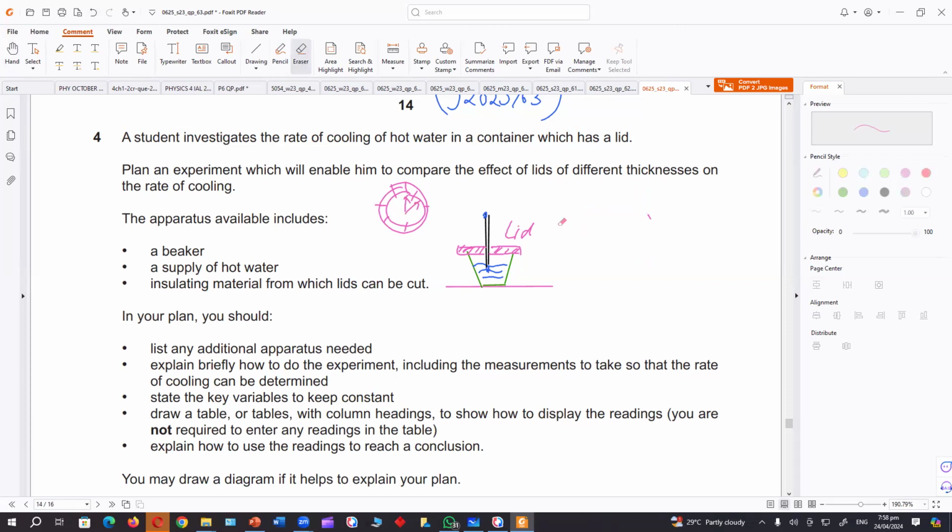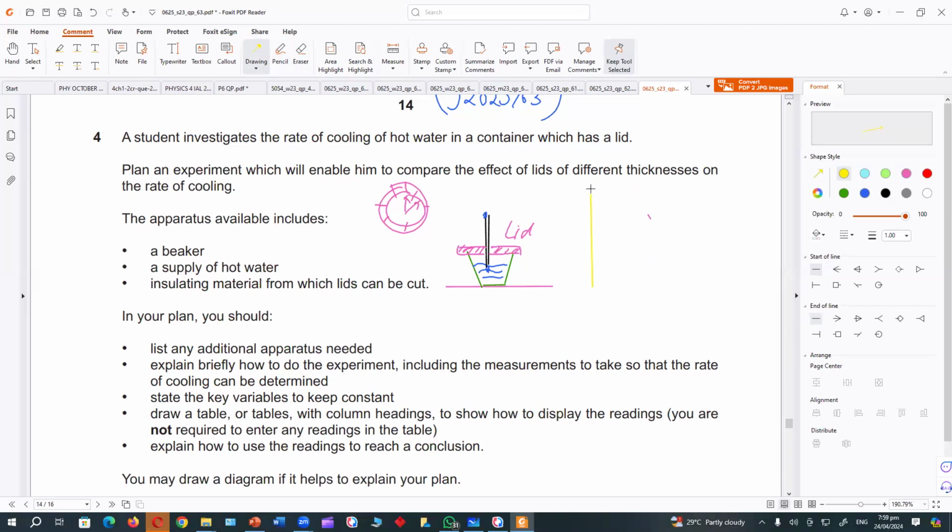So I will use the thermometer. I will put hot water in it, and I will allow the apparatus to cool. And as the temperature goes down, I will record the values.